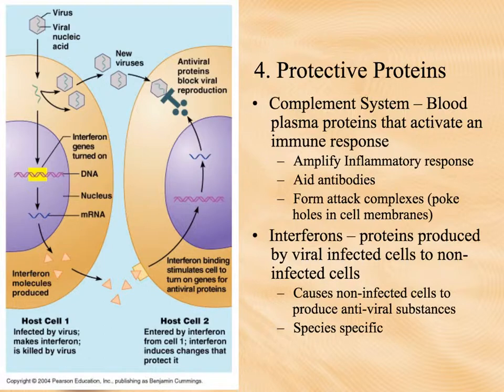And then you also have interferons, which are these chemicals that are released, and they basically tell non-infected cells, hey, prepare for attack, don't bind with the virus, it's just trying to trick you and do harm to you. These are also species specific, meaning specific to the type of virus.